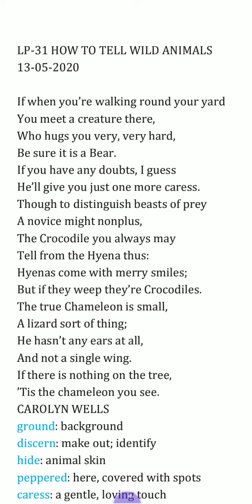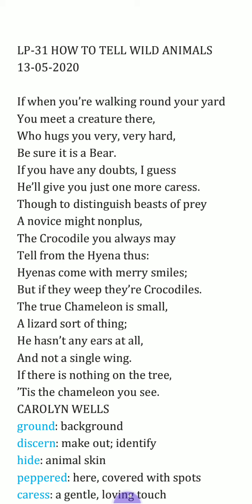So this is Caroline Wells, an American poetess, and she has given so many traits and identifying marks of some of the animals. You will do this. First, as homework, you will write down the name of the animal and its traits. Like tiger, what are the traits and identifying marks?